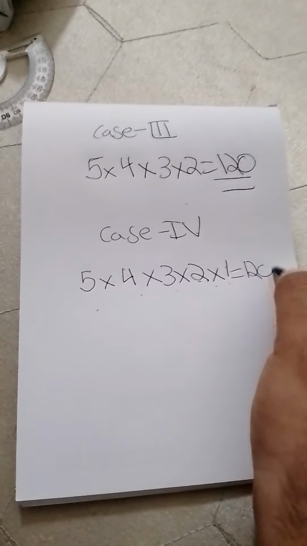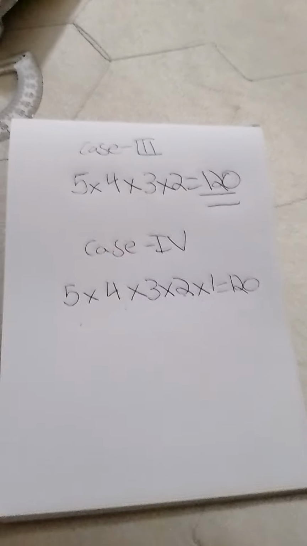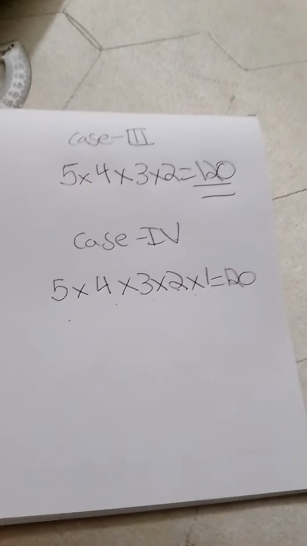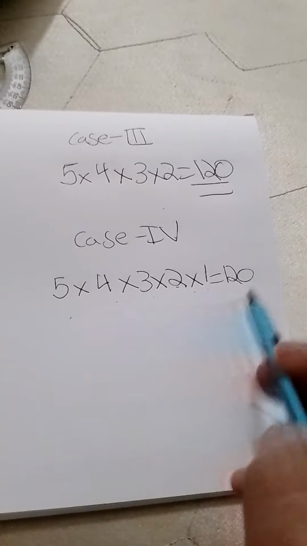Now the question is, find the total number of signals if the minimum number of flags is 2. That means we have to find the sum of all the number of signals in each of these cases.